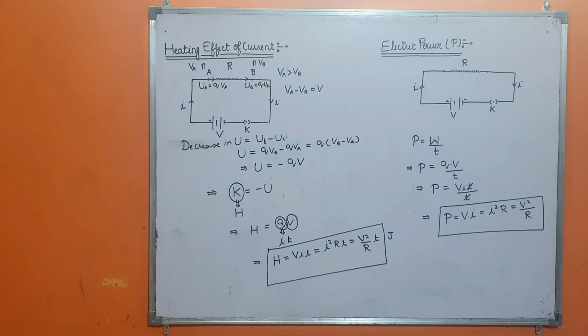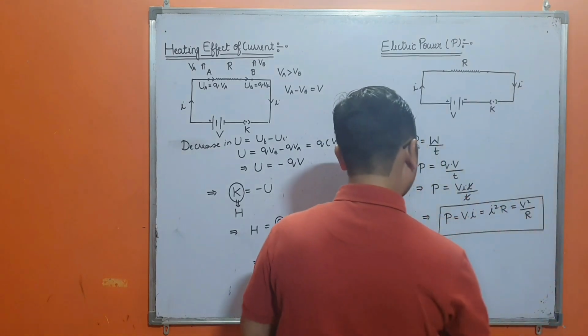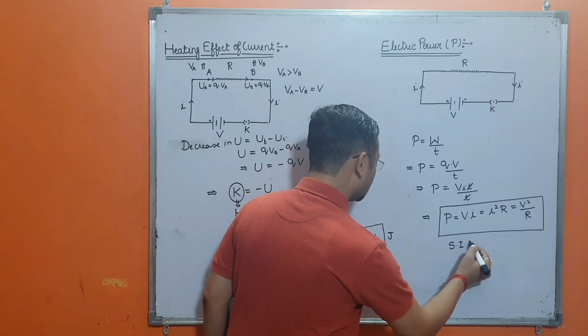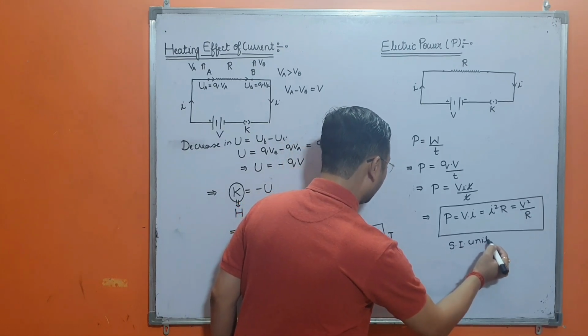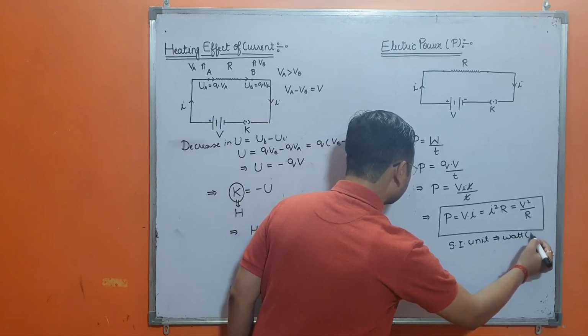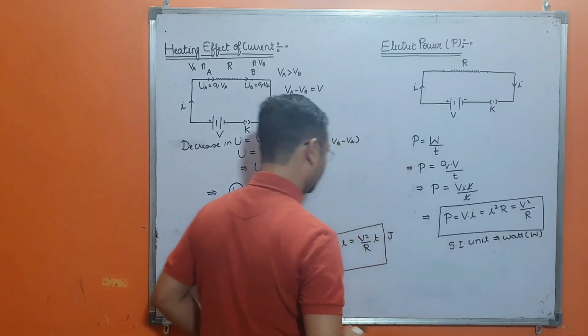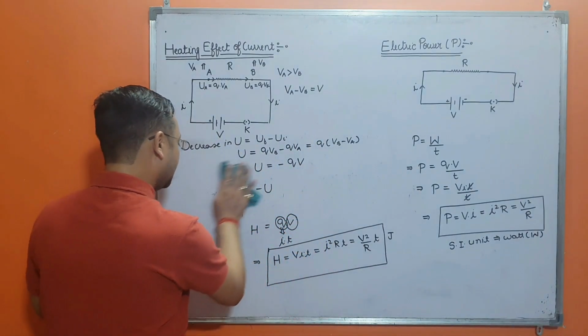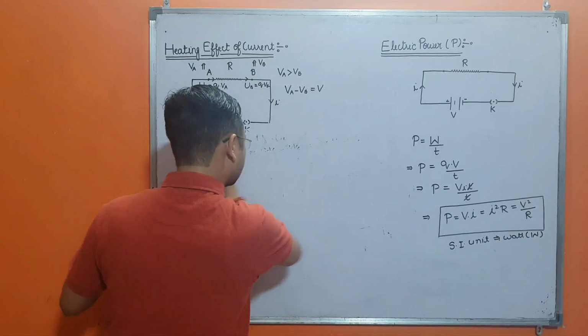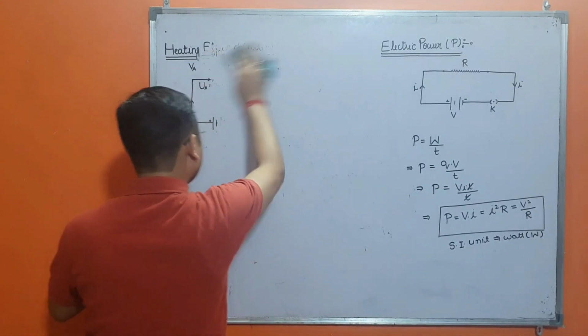But first, what is the unit of electric power? The SI unit of power is watt. So the SI unit of electric power is watt.